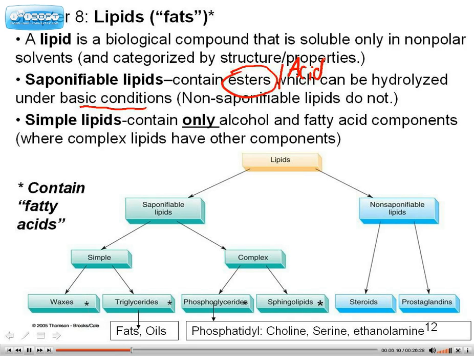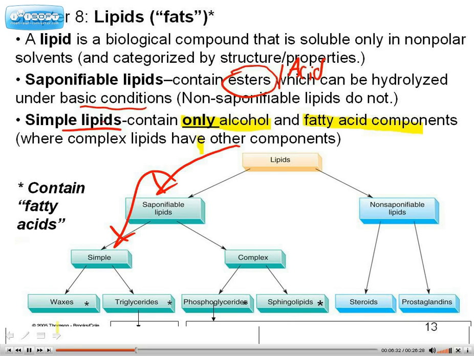So we're going to go down this direction, saponifiable lipids, and then go to another subcategory called simple lipids. These contain only alcohol and fatty acid components.